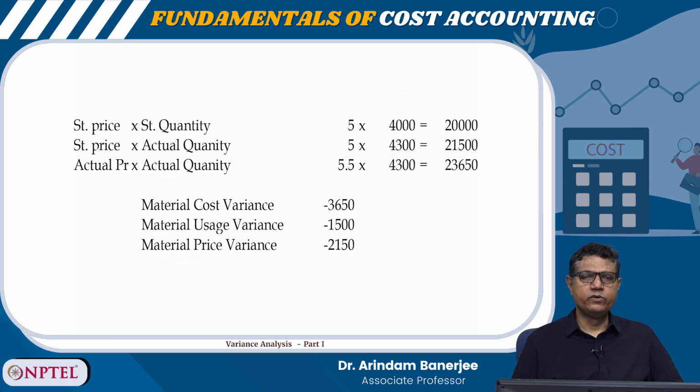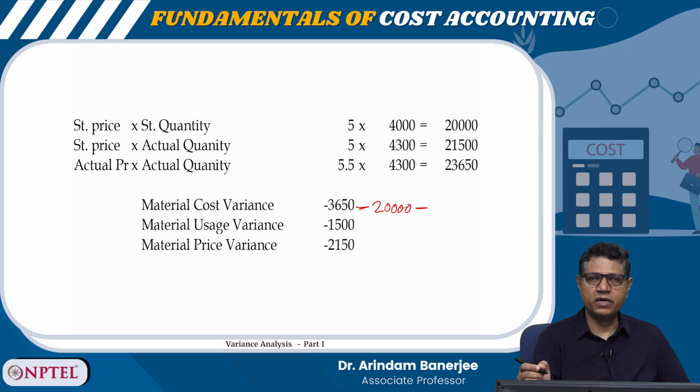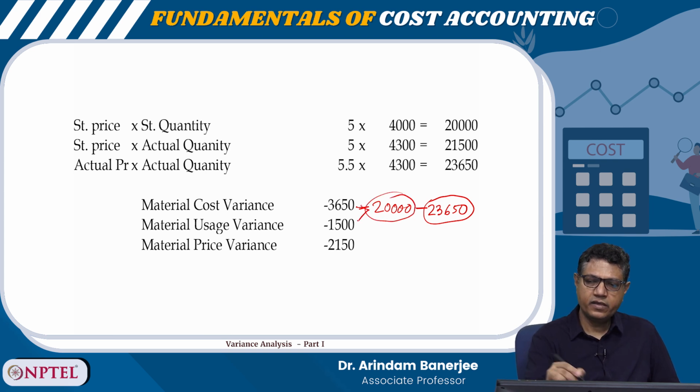So, here we can calculate the material cost variance. 20,000 is standard price into standard quantity, and my actual cost, actual price into actual quantity, is 23,650.